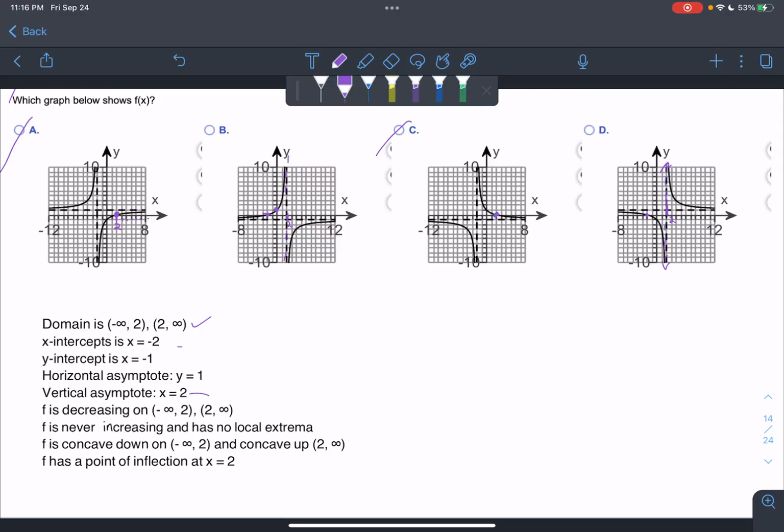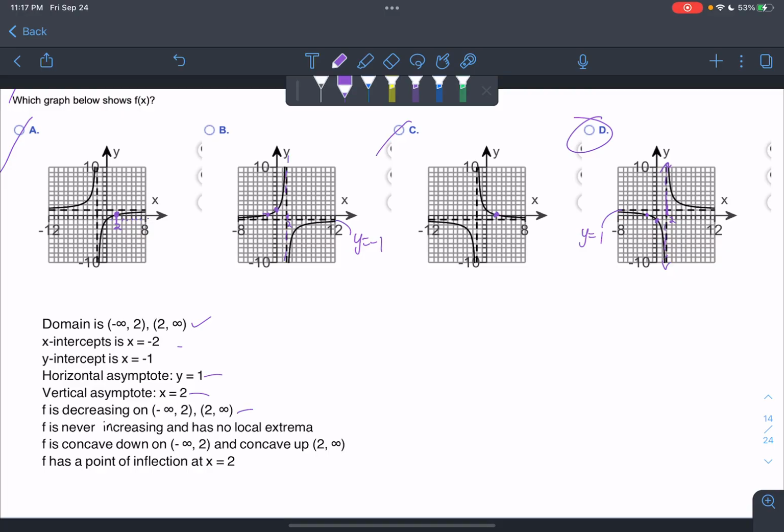So that is probably not it. And then this one has a negative y-intercept. So D, I believe, is our answer. We have a horizontal asymptote. This asymptote right here is y equals -1, whereas this asymptote here is y equals +1. So that's another reason why D is right.